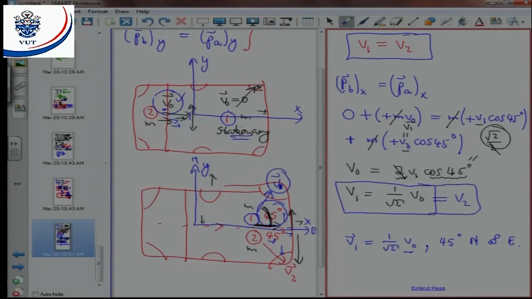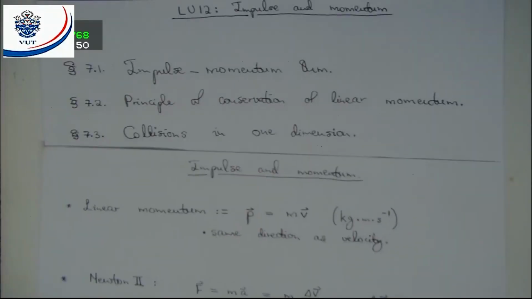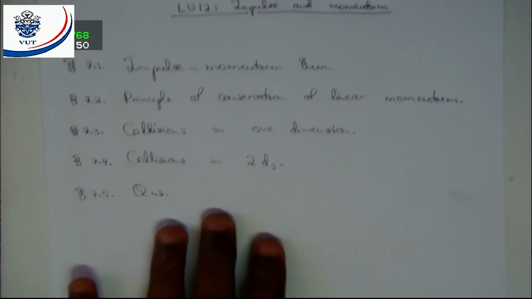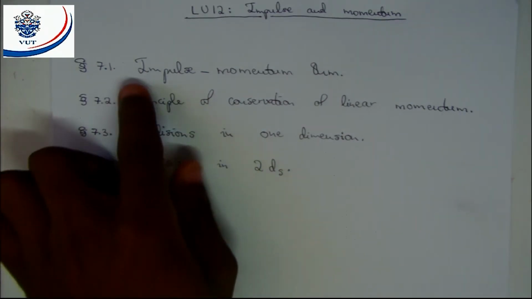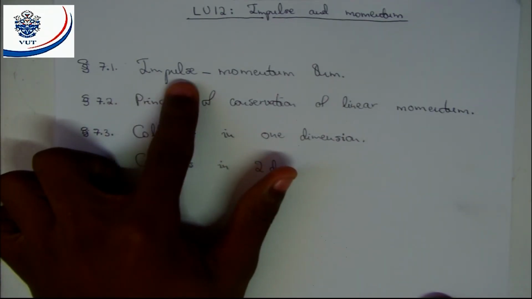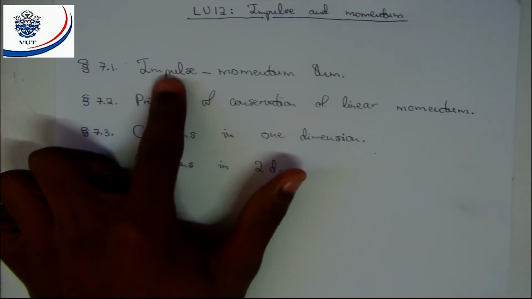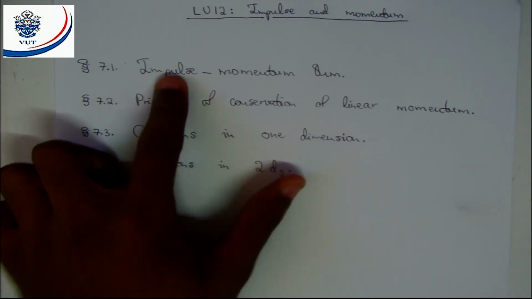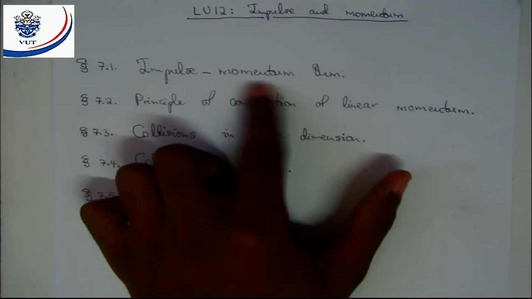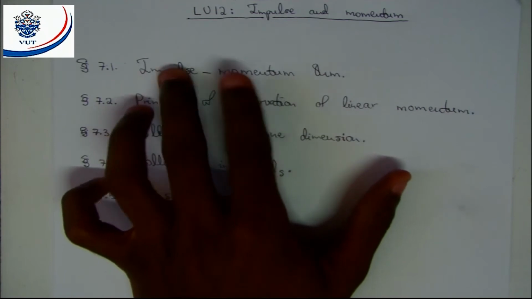Okay, so we are actually done with the material. We started off and we defined impulse, and we said impulse is the applied force to change momentum multiplied by t. Then we said momentum is m times v, and we had a momentum impulse theorem, which is over here.